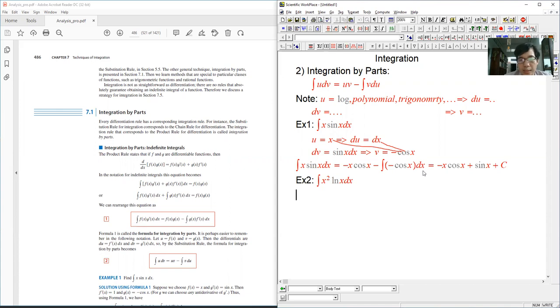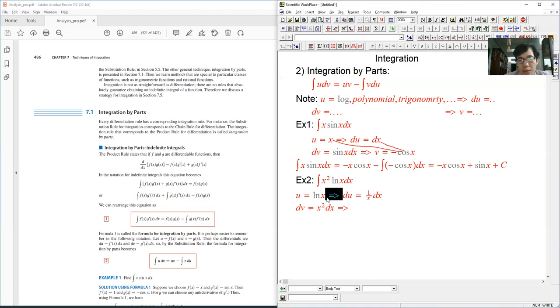In this integral we have a logarithm, so we choose u equal ln x, and we find the derivative, du equal 1 over x dx. This is the formula for the derivative of logarithm. And for the other variable we set dv equal to whatever is left, x square dx, and we will integrate.